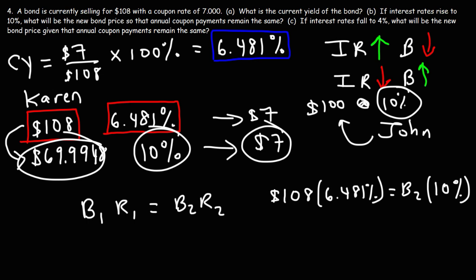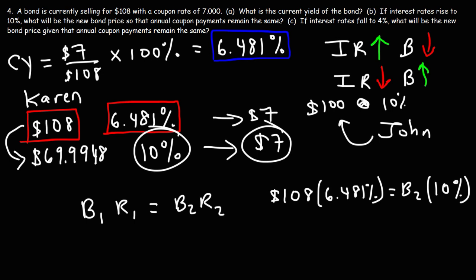So due to supply and demand and economic forces in play here, if Karen wants to sell the bond, she doesn't have to, but if she wants to sell it, she will have to lower the value of the bond until the current yield of the bond matches the prevailing interest rates in the market right now. So that's why the value of bond prices go down when interest rates go up.